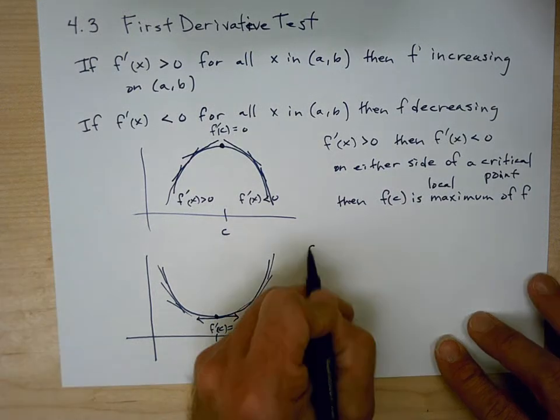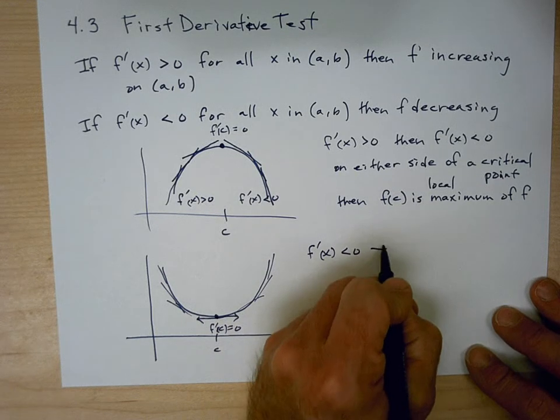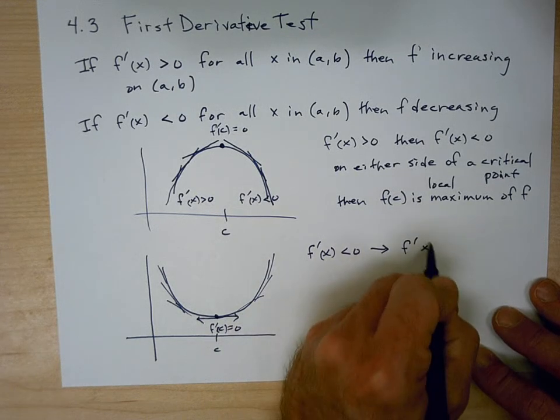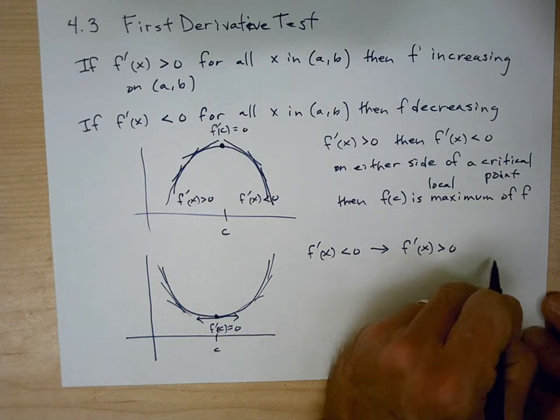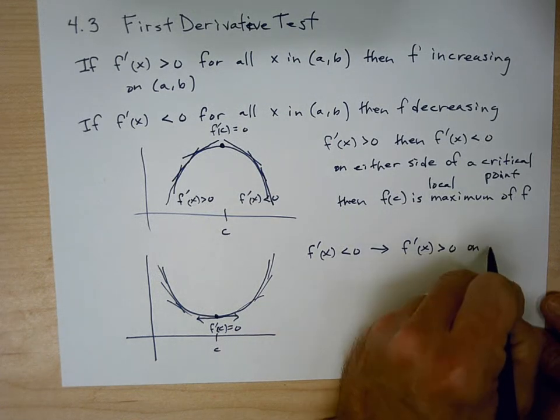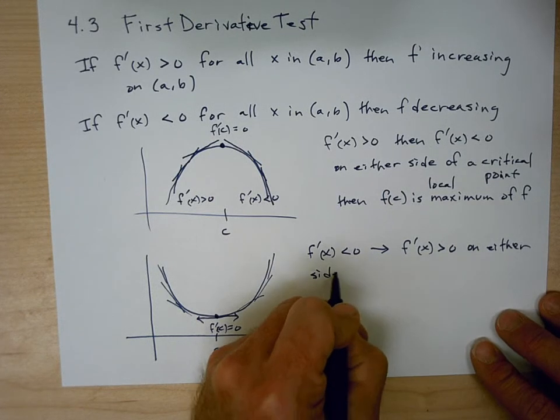So again, if we go from decreasing to a horizontal tangent line and then increasing, we're going to have a minimum, right? So if f prime is negative and then it goes to positive, again, on either side of a critical point, order is important, right?